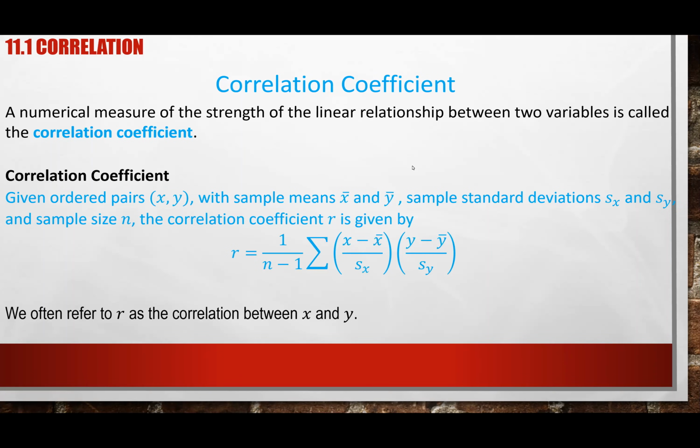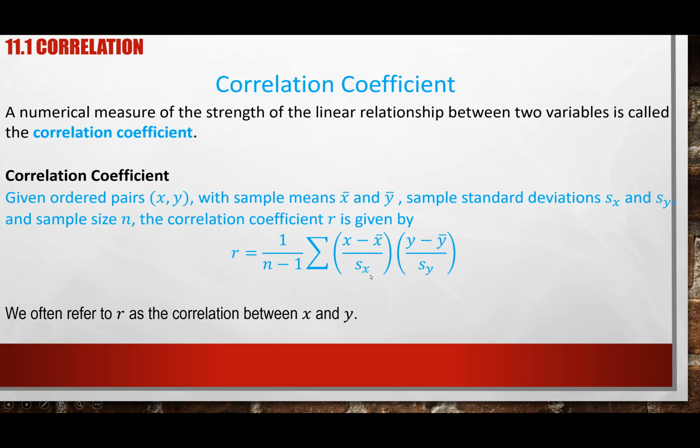If you have a bunch of ordered pairs of X and Y, within the X you can find the sample mean of the X and the sample mean of the Y, and you can find the sample standard deviation for the X and the sample standard deviation for the Y, right? If you can find those, then you can just plug them in this formula and then you find the R.